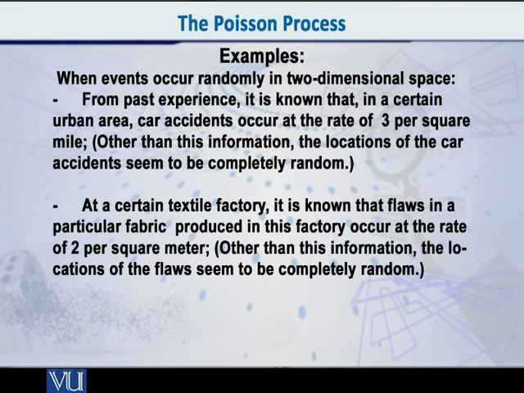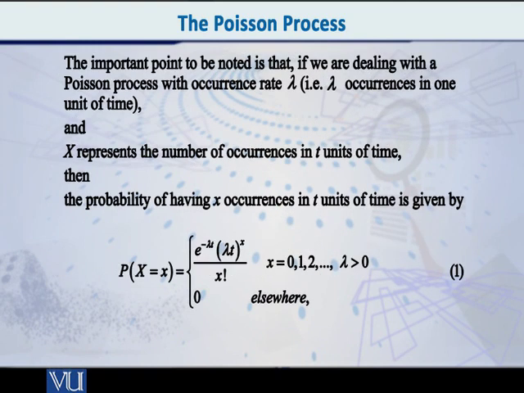So, my dear students, I think that through all these examples, the idea of the Poisson process should be clear to you, at least to some extent. The important point to be noted is that if we are dealing with a Poisson process with occurrence rate lambda, that is, lambda occurrences in 1 unit of time, if we go by time.